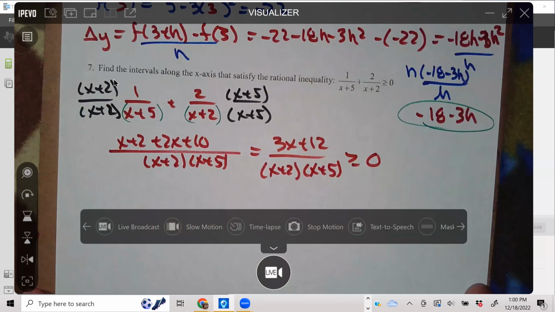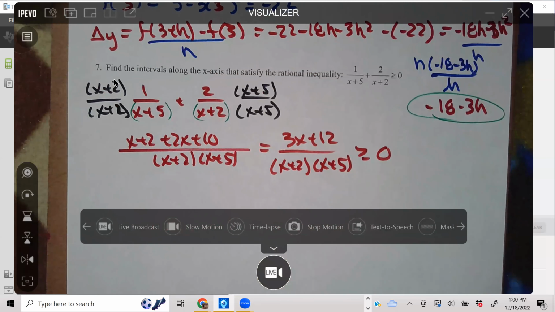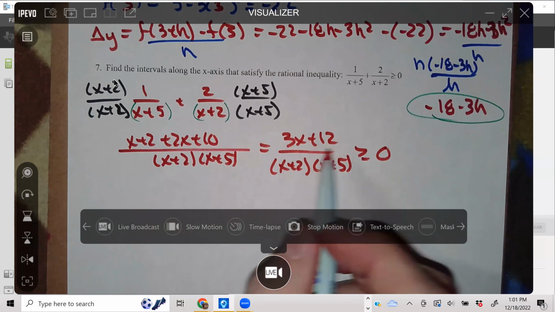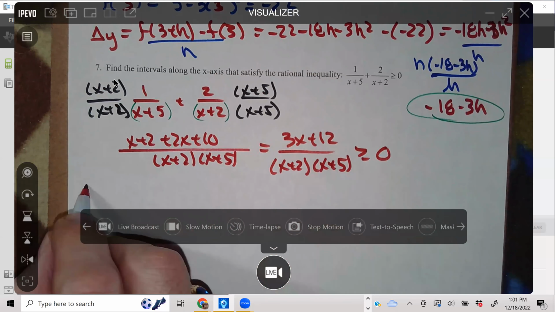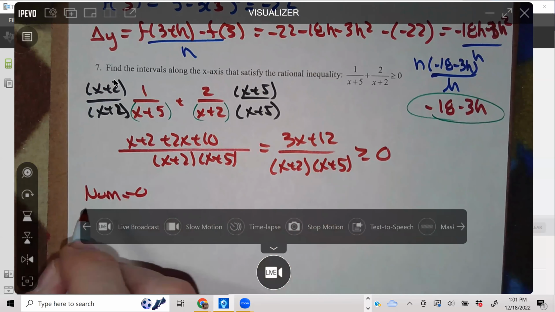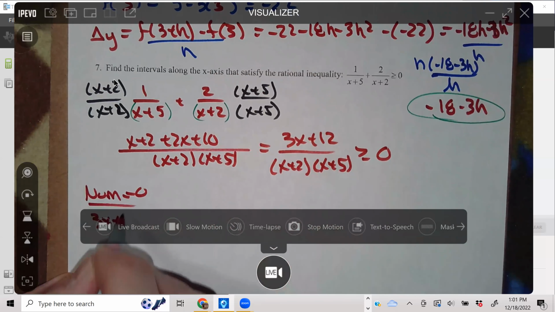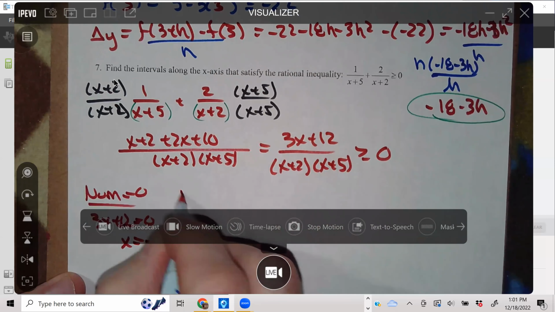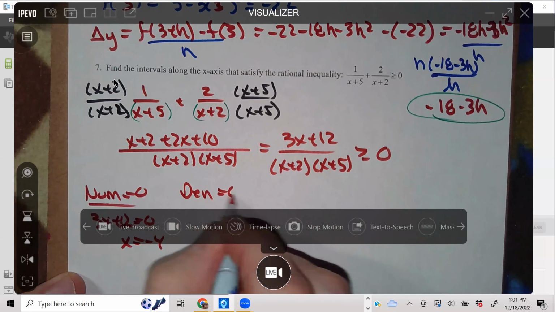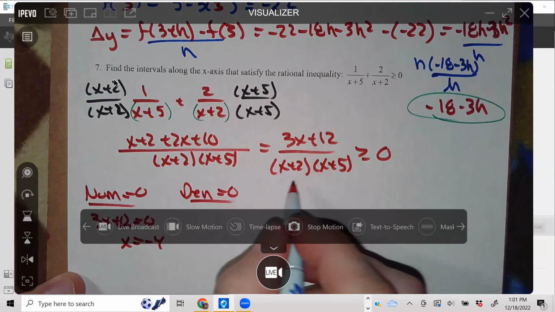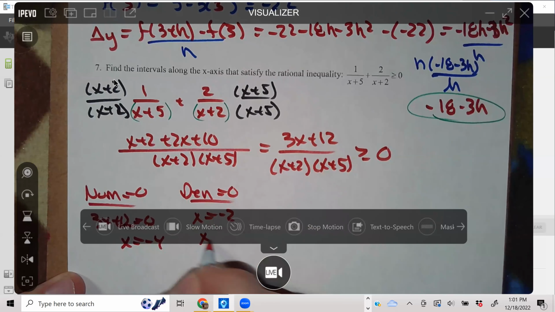Well, first things first, I've got to decide where this equals 0 in the numerator and denominator. So the numerator equals 0 at 3x plus 12 equals 0, or x equals negative 4. Denominator equals 0 at, well, I hope you can read that off, at negative 2 and negative 5.